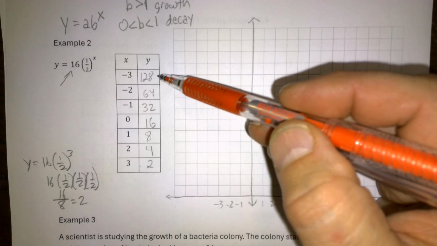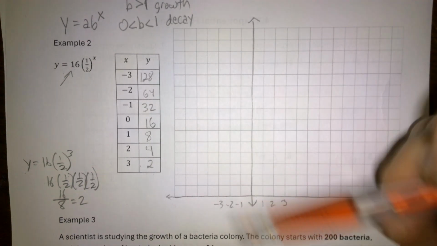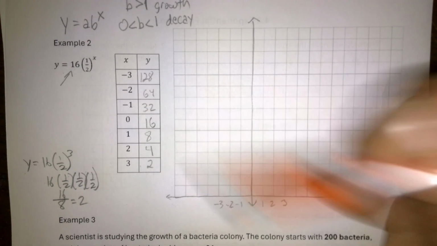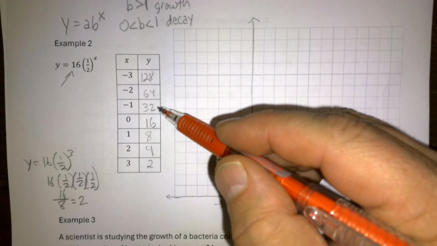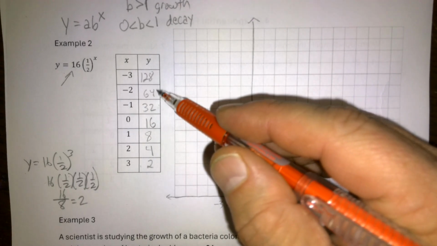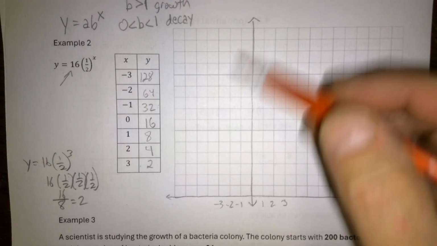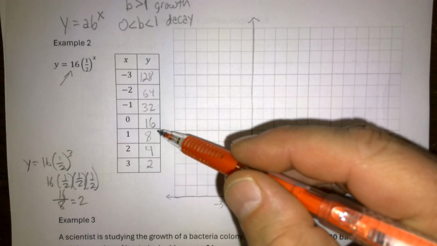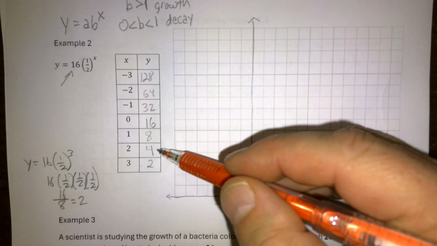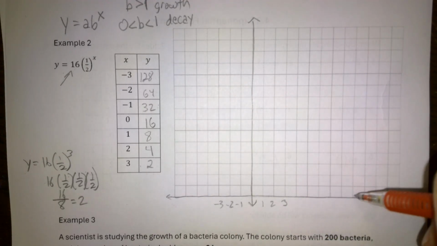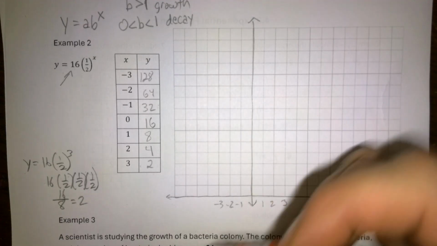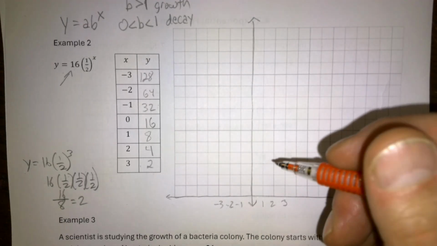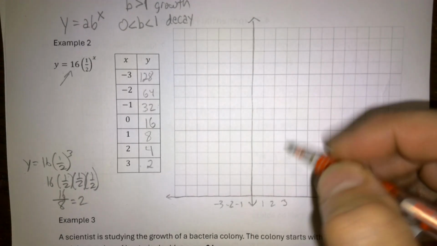Do I want to try and get all the way up to 128? Or would 32 be enough to show that graph? I'm kind of leaning towards making sure 32 gets on there, but I may not be able to fit all the points. If I make this all the way up to 128, how do I graph 8 and 4 and 2, and then the values even get smaller here? So there is kind of a limit, so you just got to choose what gives you the general shape of the graph, and I think going up to 32 will do that.